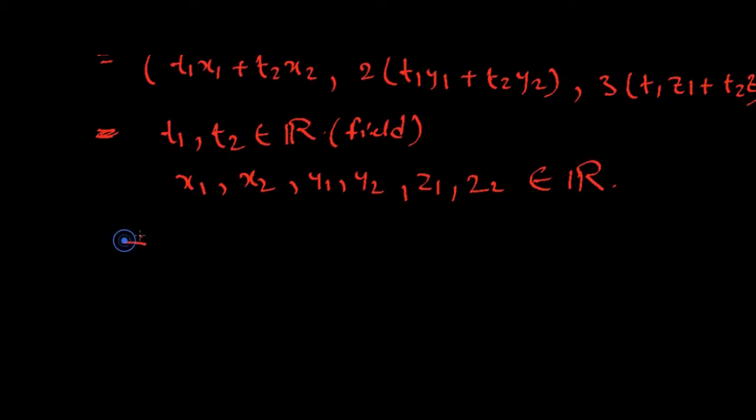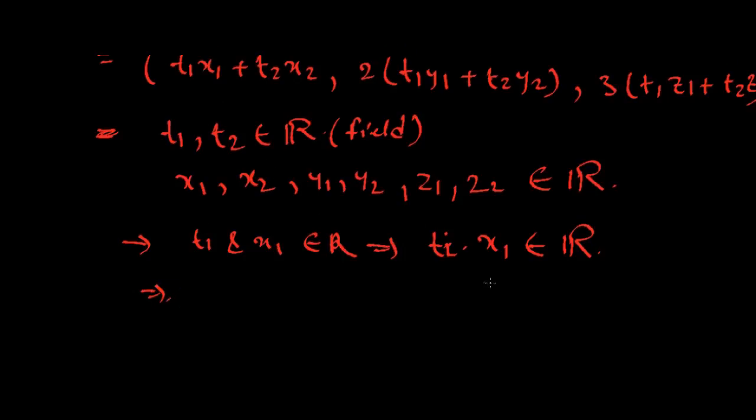And from the properties of real numbers, we know that if t1 and x1 are from R, then t1 multiplied by x1 will also be present in R. So this is also in R and this is also in R. And we know that adding any two real numbers will always give a real number.